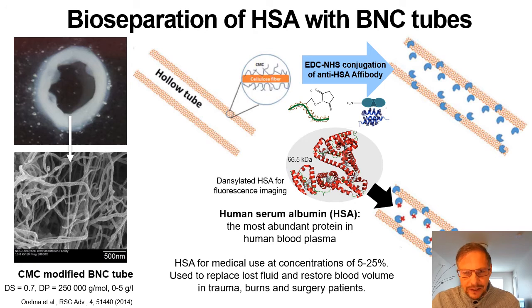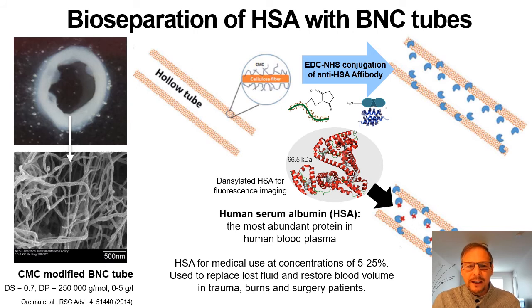In this particular example, it will be the case of human serum albumin, HSA. So if we run plasma fluid through this membrane, if we flow it through the inner side of the membrane, or in this case tube, then the blue Pac-Man will be able to selectively bind HSA, but no other protein.